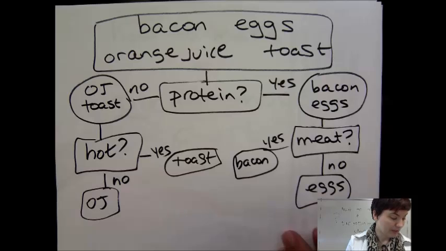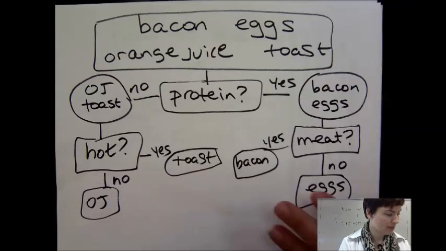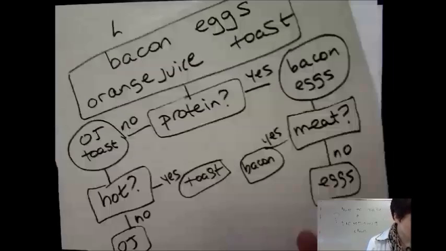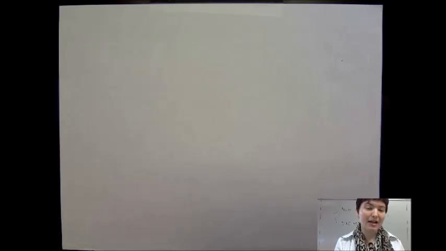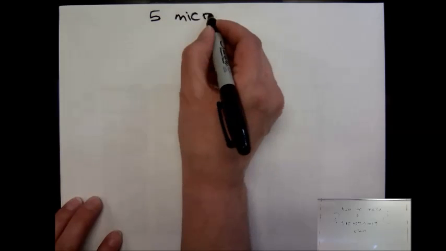So let's apply this to a more relevant example in this course. Suppose that instead of deciding what to have for breakfast, I have to devise a way to tell what microbe I have from a number of options. And this, in fact, is the assignment that you're about to do: identify an unknown microbe. So let's look at an example here. Suppose that you have 5 possible microbes that you might receive.